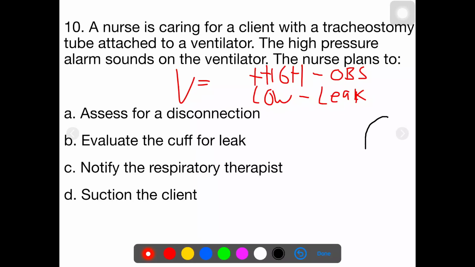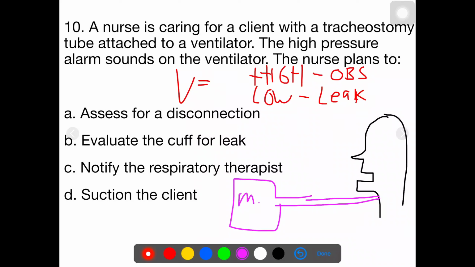We will draw the patient here for you to imagine. This is the patient, and here's the tracheostomy tube leading to the mechanical ventilator. We will first discuss the high alarm sound.